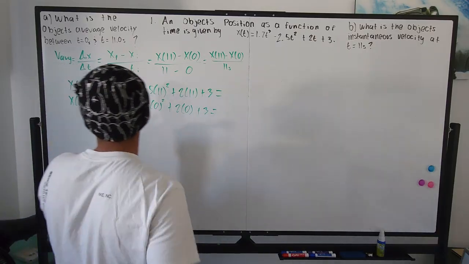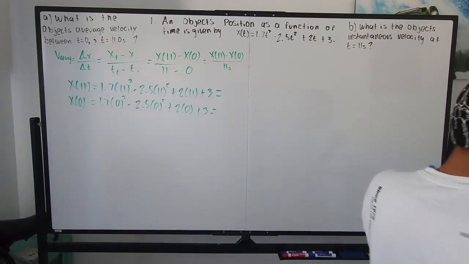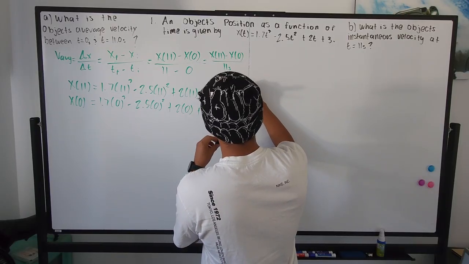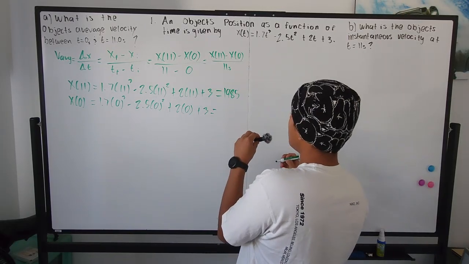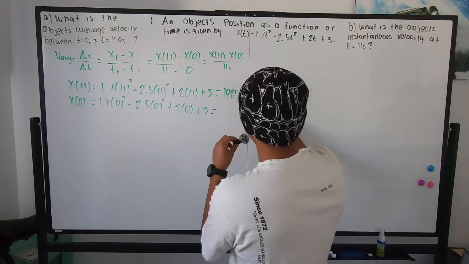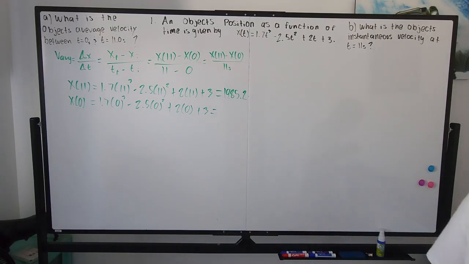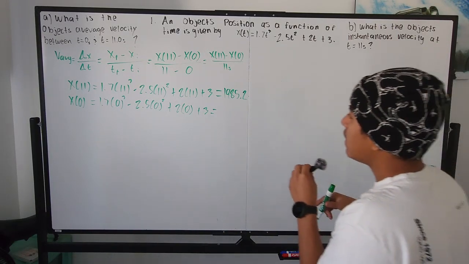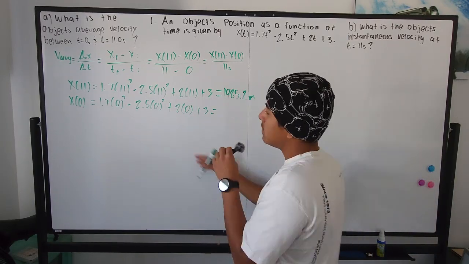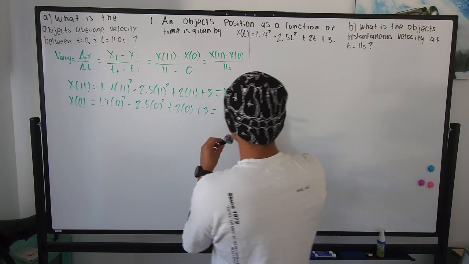Evaluating x at 11 will give you an answer of 1985.2, I believe, in units of meters. Evaluating x at 0 gives you 3.